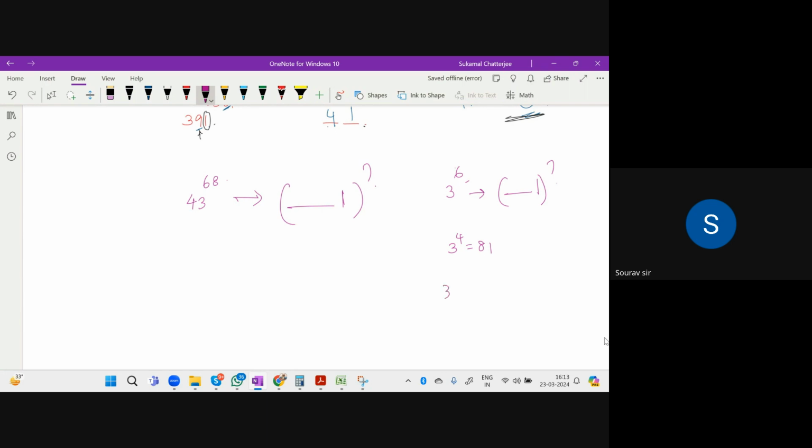So I can write 3 to the power 6 as 81 into 3 to the power 2, which is 81 into 9. Now you can multiply these two and get the last two digits as 29. Understood the logic?